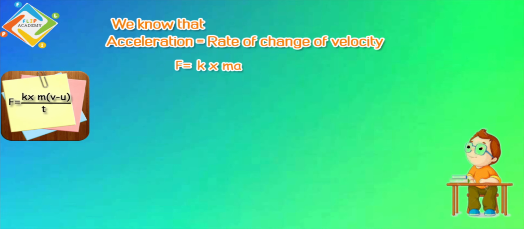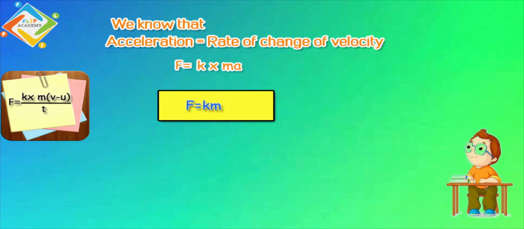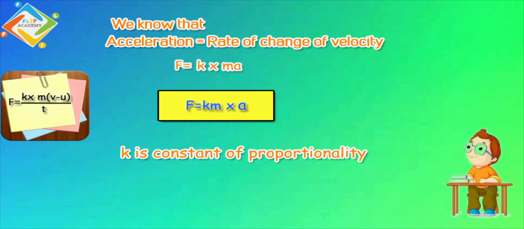So, the equation modifies to F is equals to K m multiplied by a, that is acceleration. The K is the constant of proportionality and the value of K is equals to 1.